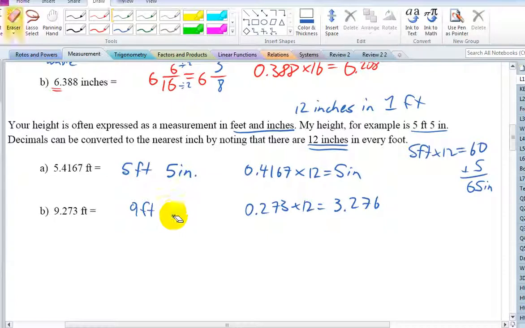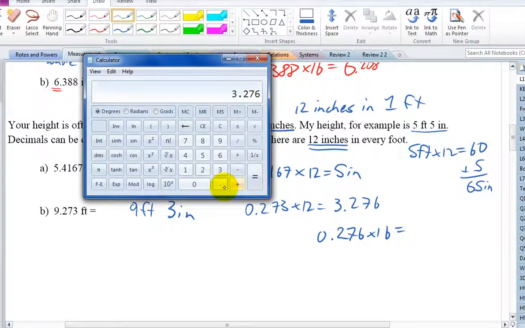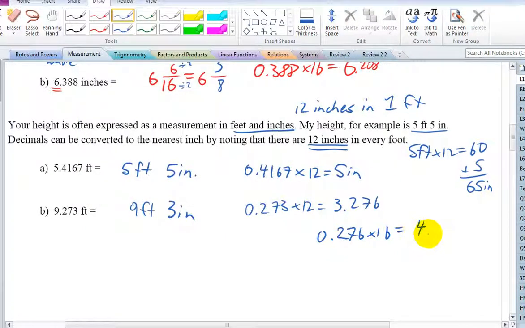Yeah, 3 inches. Now, if you really wanted to get crazy, this is a large measurement, so it's not a big deal. But you could convert the 0.276 times 16. So 0.276 times 16, and you're going to get 4/16. So you could get 3 inches and 4/16, which is 3 1/4.